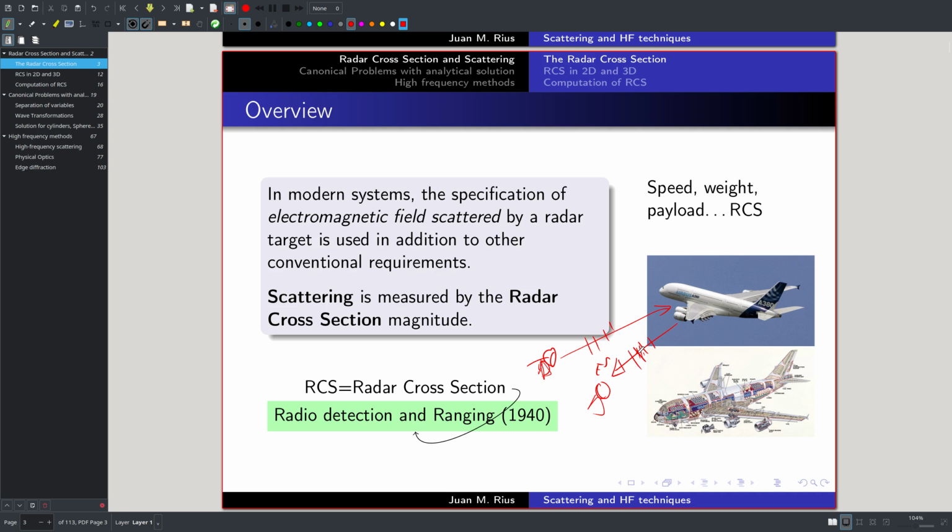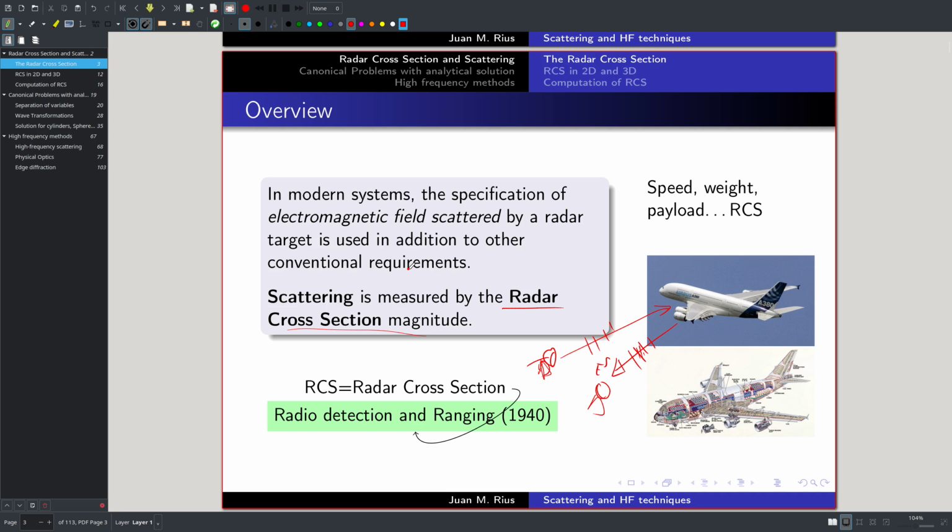So at the end, the specification of the radar cross-section, that is the magnitude measuring the strength of scattering, is important when we design an aircraft or a ship or whatever, an object that can be detected by radar. For some applications we want a high radar cross-section, and for other applications they want a low radar cross-section.